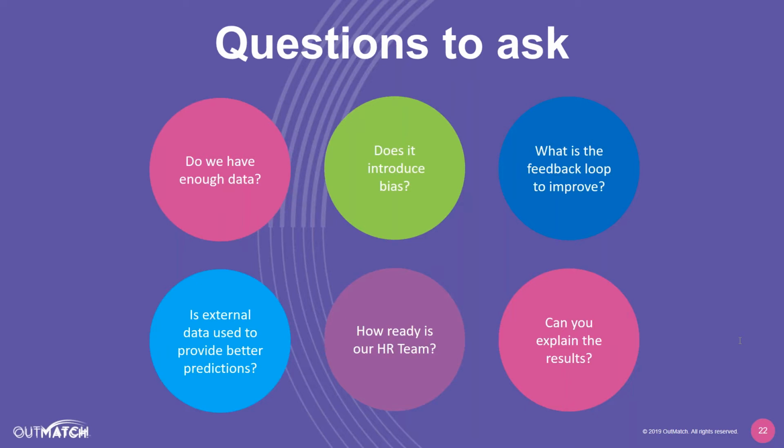Another question down there at the bottom left, is external data used to provide better predictions? I've seen some less sophisticated machine learning practitioners, or people that are just trying to get a product out the door, validate on your entire data set and not keep anything off to the side to check it on afterwards. And there's a risk to doing that because you can overfit to that data.